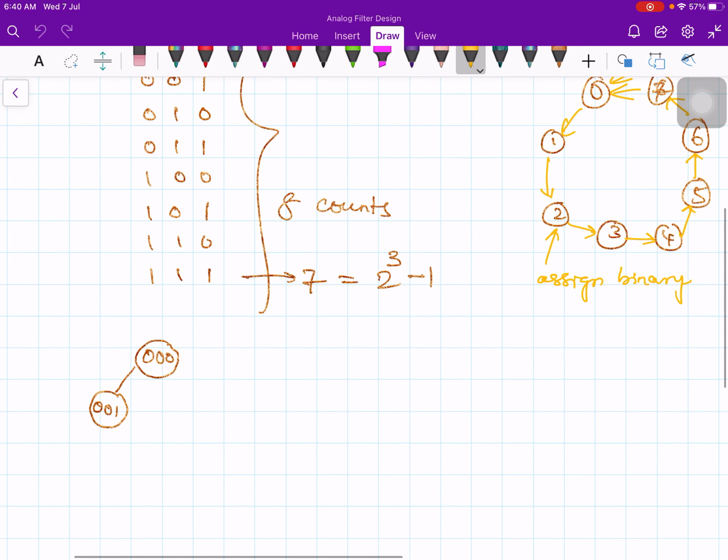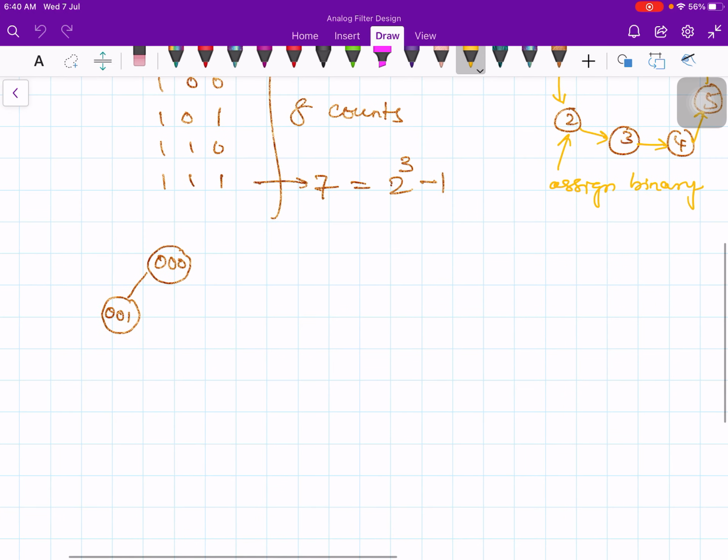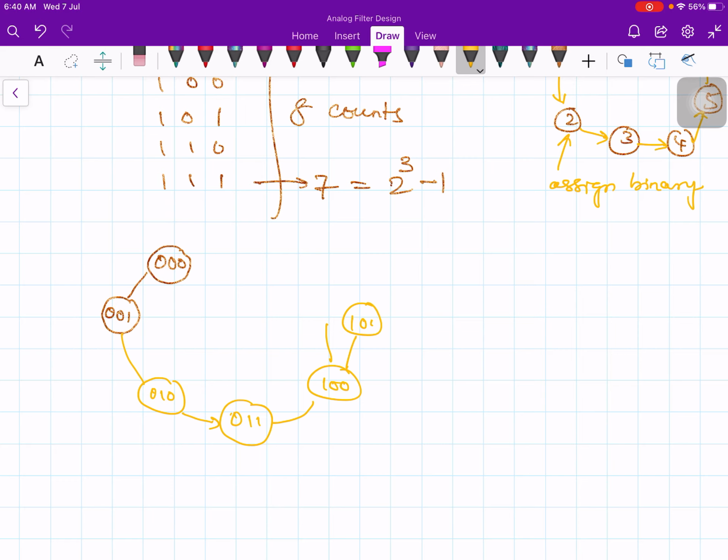So 0 is denoted by 0 0 0 and 1 is denoted by 0 0 1 and then 2 is 0 1 0 and 3 is 0 1 1 and 4 is 1 0 0 and 5 is 1 0 1 and 6 is 1 1 0 and 7 is 1 1 1. This is the state diagram of a 3-bit binary counter.